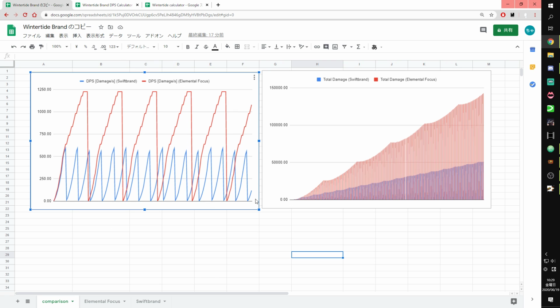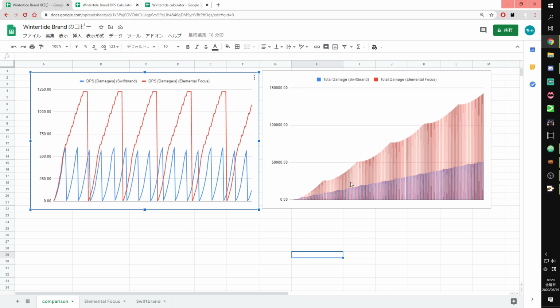From this graph, we can read that with Elemental Focus, we can get the same DPS as Wintertide Swiftbrand Support from the initial, even from the initial, the same DPS or even a higher value.